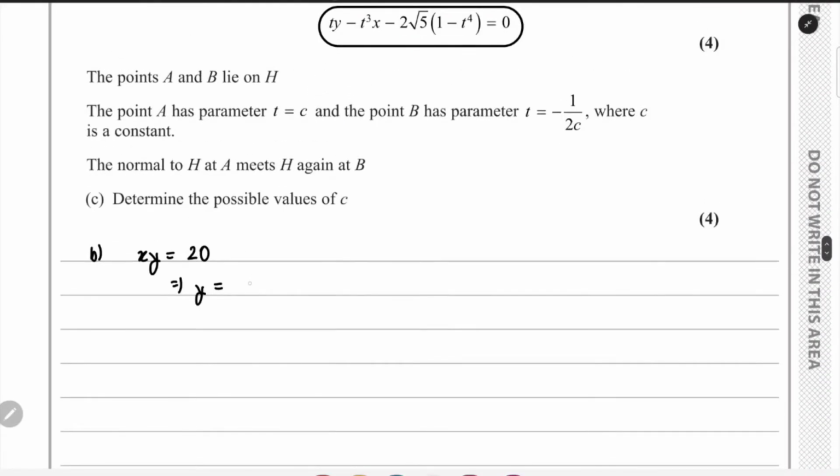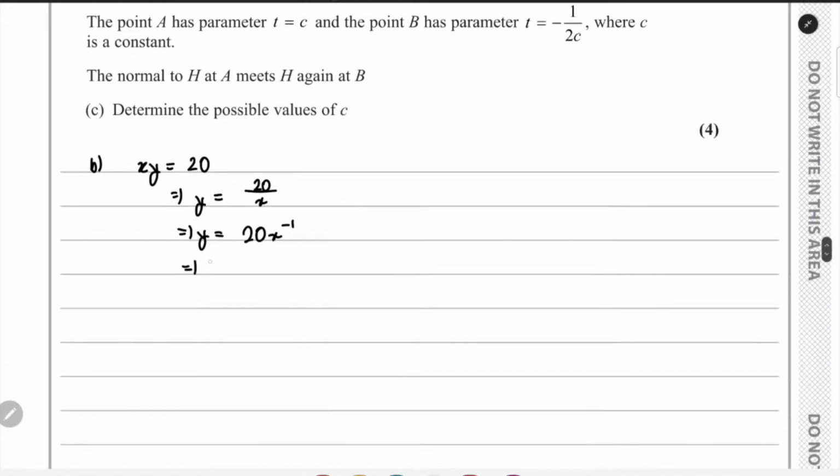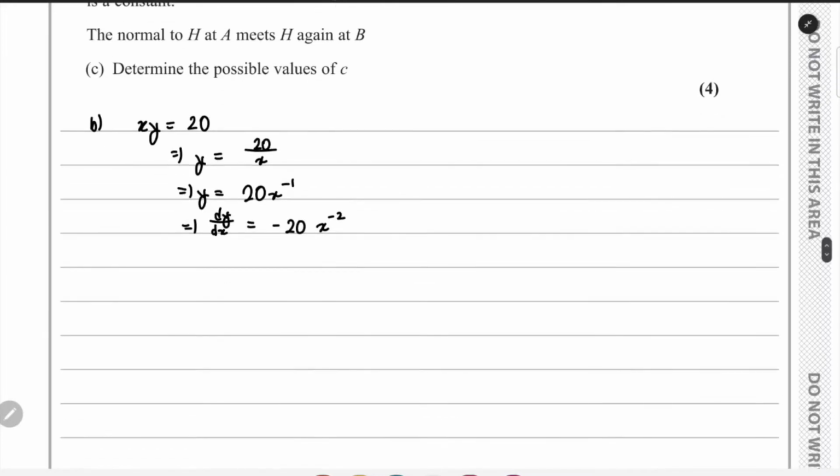I'll have 20 by x, which is 20 x to the power minus 1. If I differentiate this, I'll get minus 20 x to the power minus 2, or minus 20 by x squared. This is the gradient of the tangent.